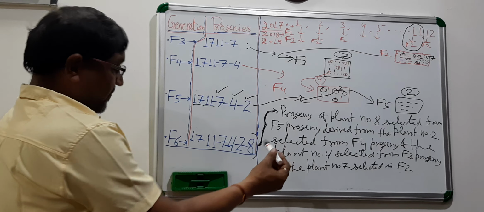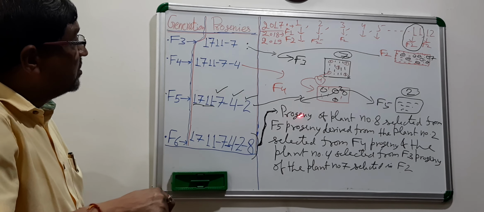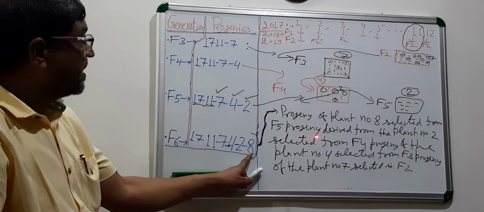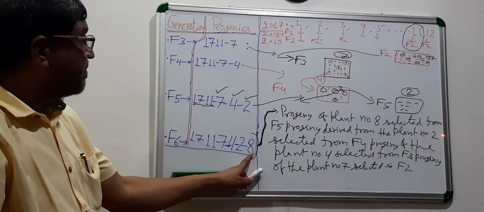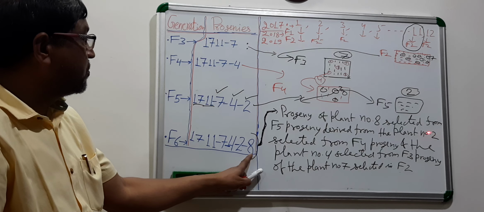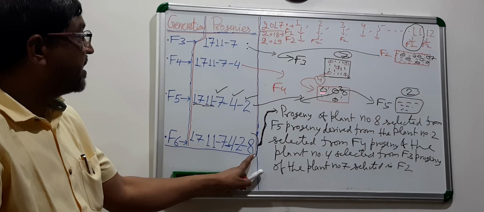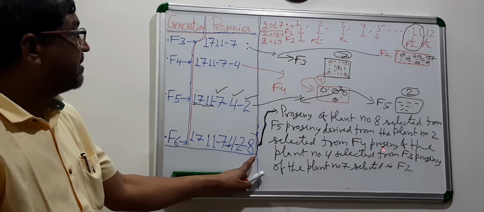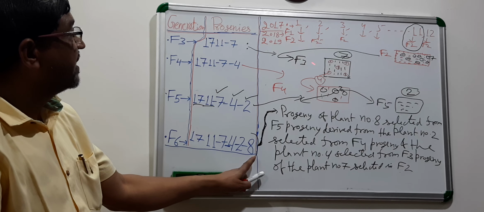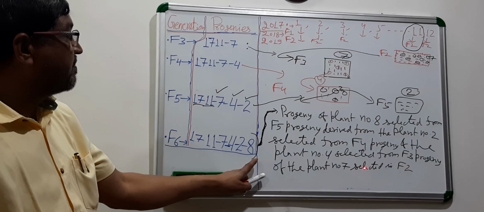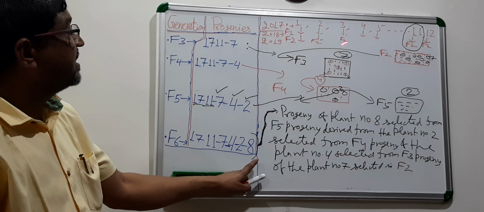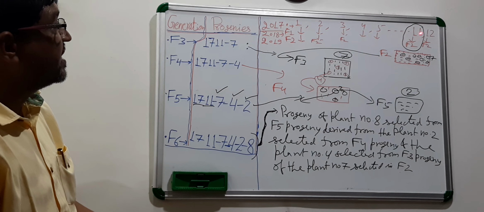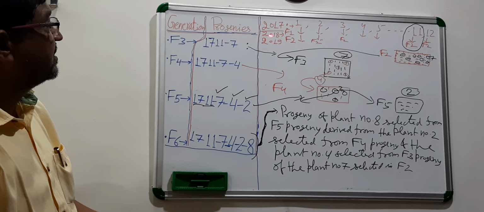So here you see what you are saying: progeny of plant number 8 selected from F5 generation derived from the plant number 2 selected from F4 generation, of the plant number 4 selected from F3 generation, of the plant number 7 selected in F2 generation of cross number 11, the cross was made in the year 2017.